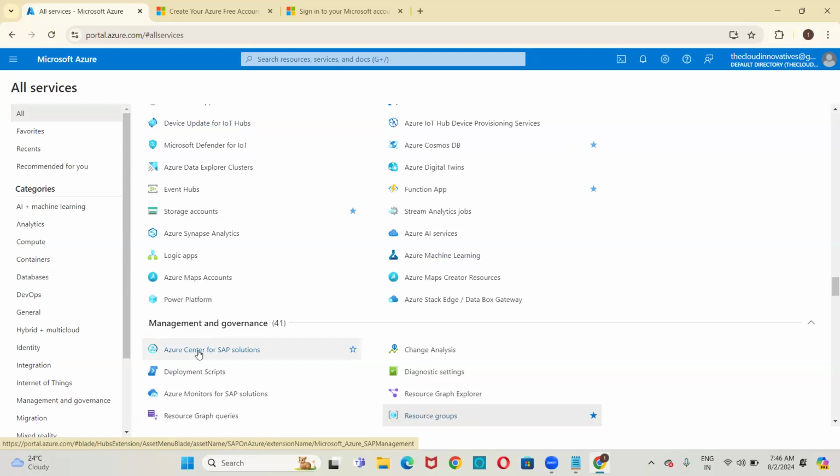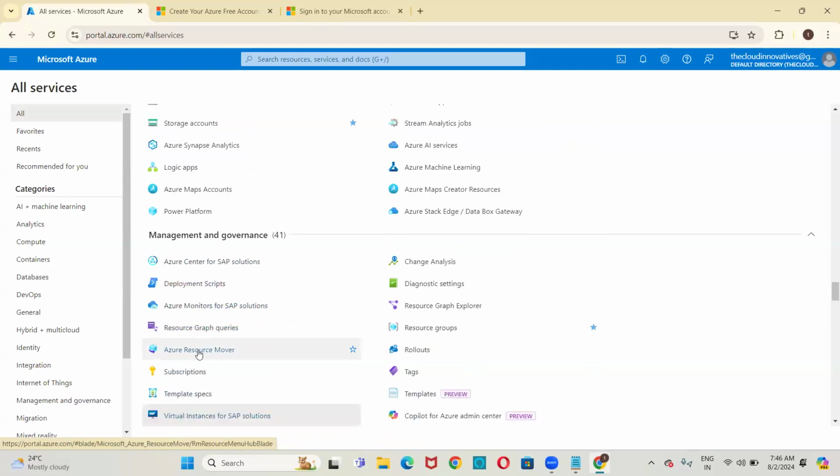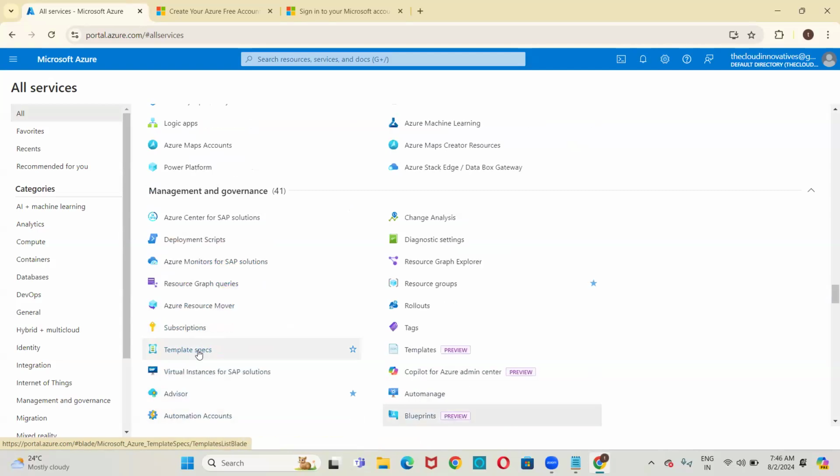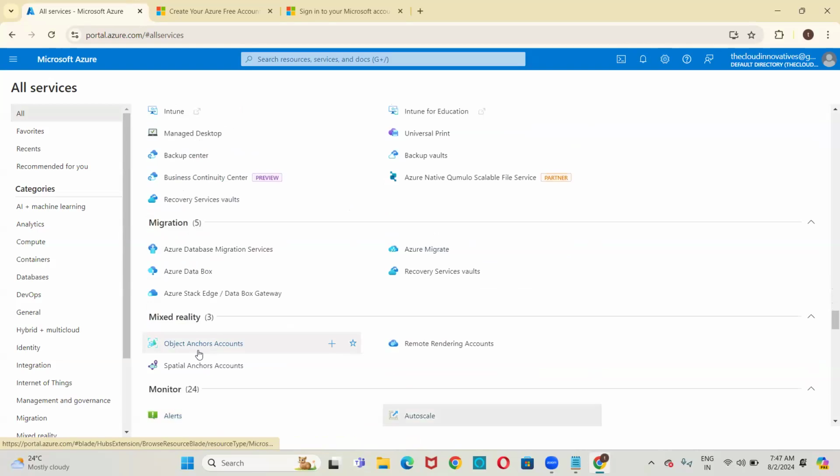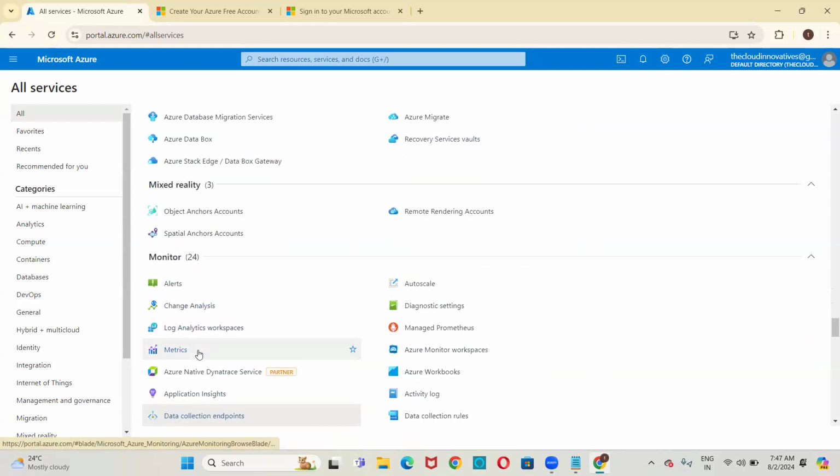These are some management and governance, where you have 41 services. These are migration, monitor.